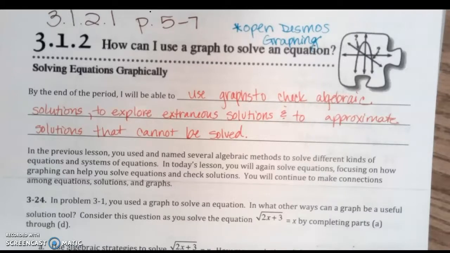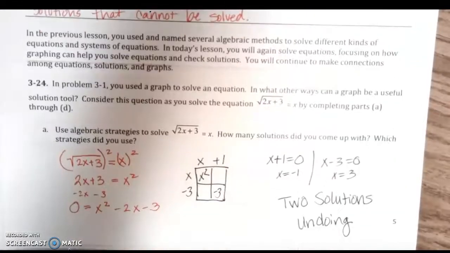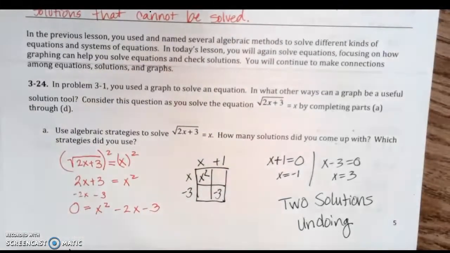So for problem 3.2.4, it says that in problem 3.1, you used a graph to solve an equation. In what other ways can a graph be a useful solution tool? Consider this question as you solve the equation square root of 2x plus 3 equals x by completing parts A through D, okay?